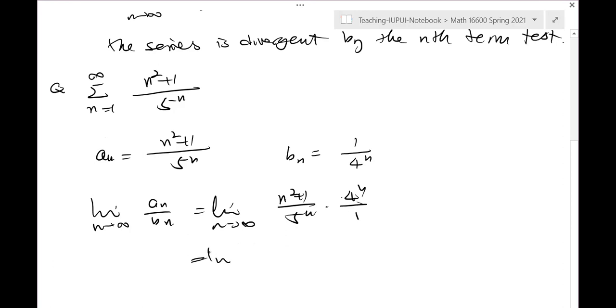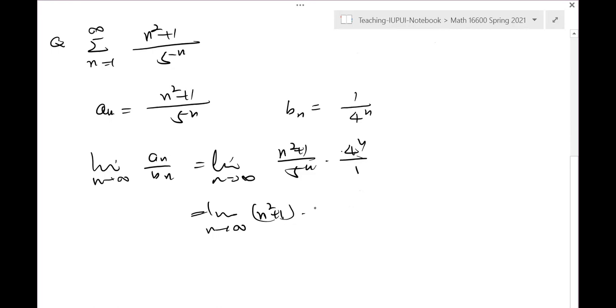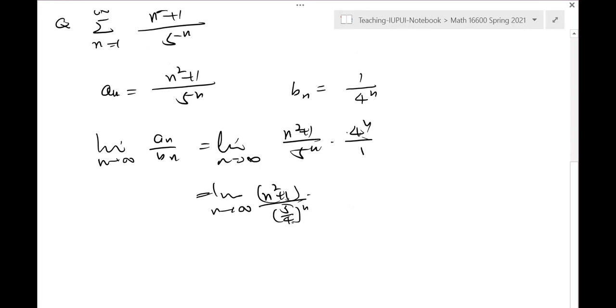The reason is here's n squared plus 1, and this is a geometric term, you can say 4 over 5 to the n, or 5 over 4 in the denominator. The reason I want to choose 4, which is less than 5, is because I want to make the denominator as large as possible, grows fast.